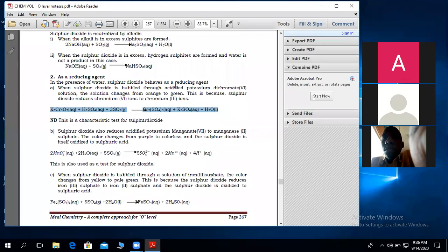So the chemical test for sulfur dioxide gas is to bubble the gas in an acidified solution of potassium dichromate(VI). And what happens?